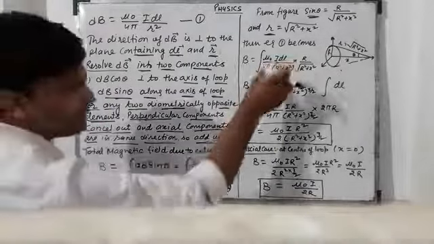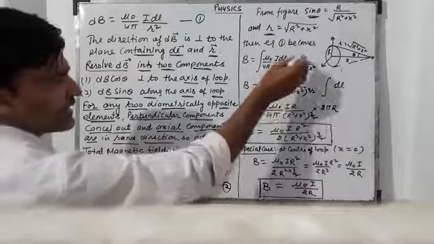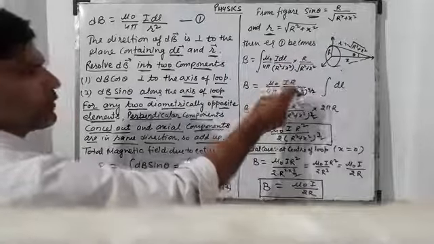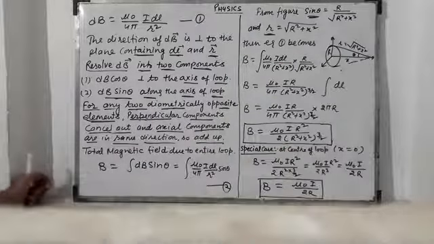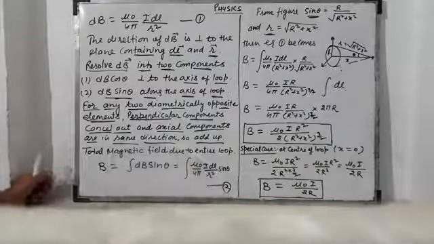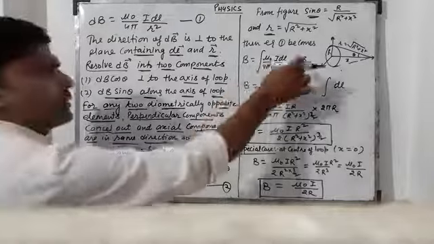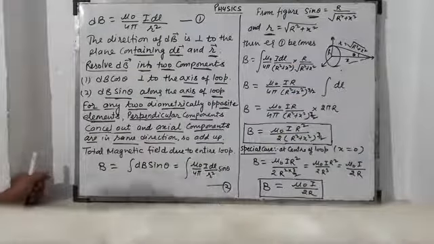Then B is equal to mu naught upon 4 pi, I R upon R square plus x square to the power 3 by 2, because one power is this and half is this. The sum of 1 and half is 3 by 2.